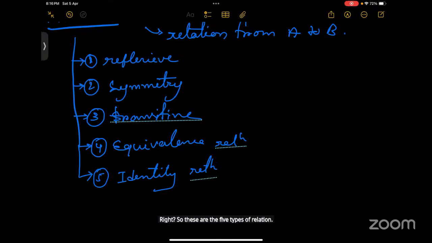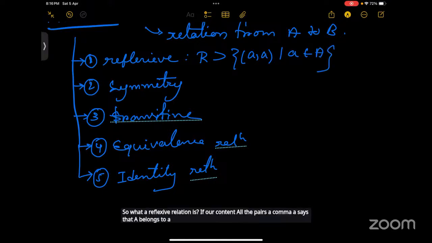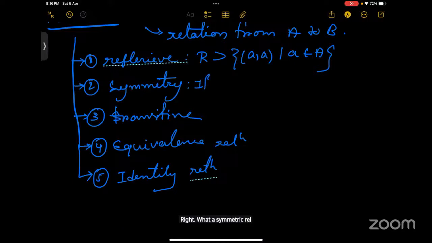So what is a reflexive relation? If R contains all the pairs (a, a) such that a belongs to A, then this will be called a reflexive relation, right? What is a symmetric relation? If (a, b) belongs to R, it will imply (b, a) belongs to R, right?